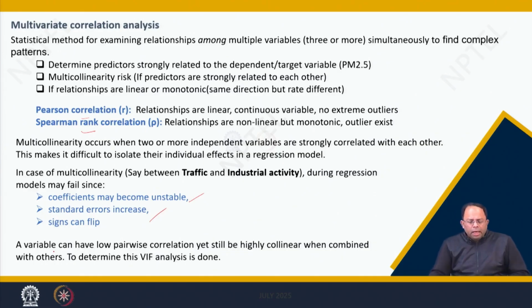In that case it is not adequate to limit ourselves to pairwise correlation; we have to look further into ways to understand this. This is where VIF comes in. VIF analysis is done to check whether there is a lot of relationship within the predictor variables or not.